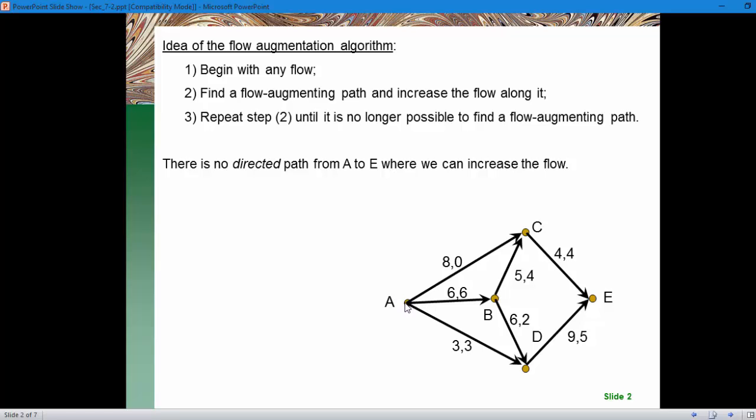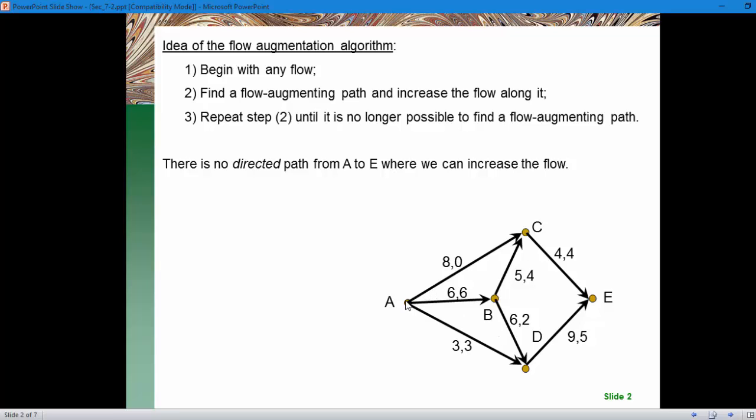If we go from A through B, notice that this arc here is also at maximum capacity. And if we try to go through this arc, then it's also at full capacity. It seems like there's nothing else we can do to increase the flow.